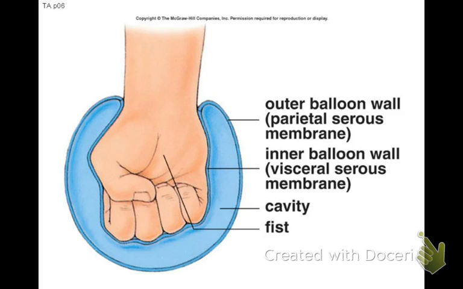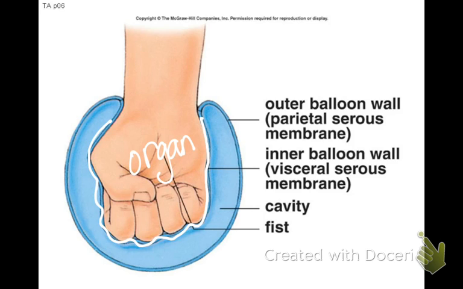I know. Okay, so I used the example on Tuesday of the Mickey Mouse balloon, the balloon within the balloon. Here, they're using a balloon, but they're inserting their fist into the balloon. And so the fist here represents the organ. And the layer that is touching the organ is going to be your visceral layer.